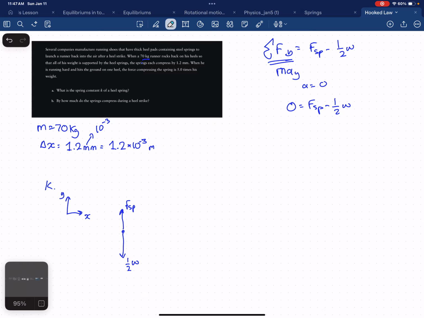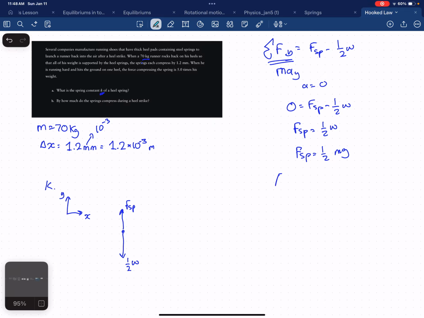We know that FSP here is going to be equal to 1/2 weight, and our FSP will be 1/2 mg. So now the spring's restoring force, to find K, comes from Hooke's law. And the spring restoring force here is 1/2 mg.